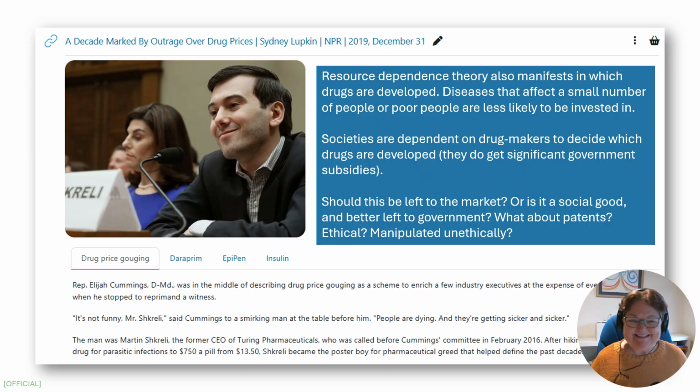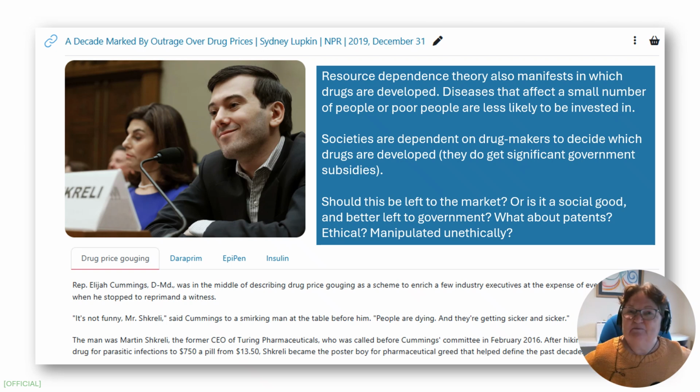My questions here. Resource dependence theory also manifests when drugs are developed. Diseases that affect a small number of people or poor people are less likely to be invested in. Societies are dependent on drug makers to decide which drugs are developed, and they do get significant government subsidies for this, so don't let them tell you that they're taking all the risk. They're not.